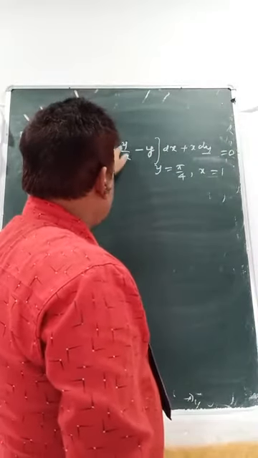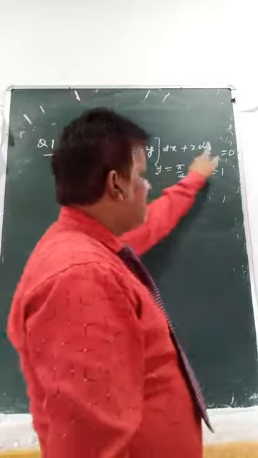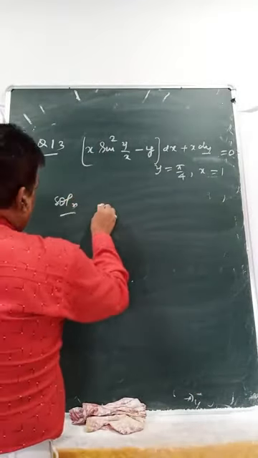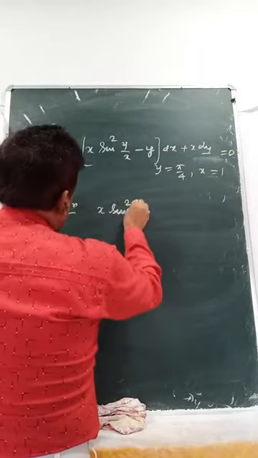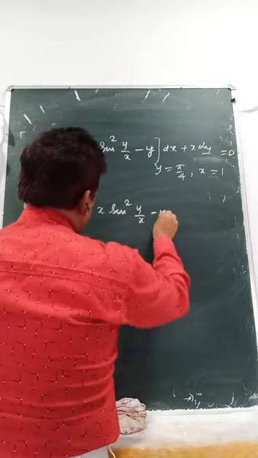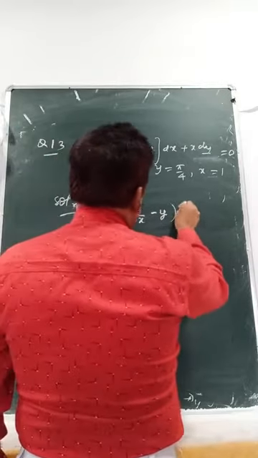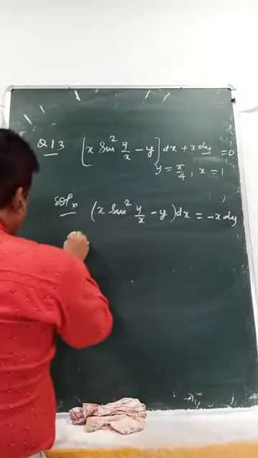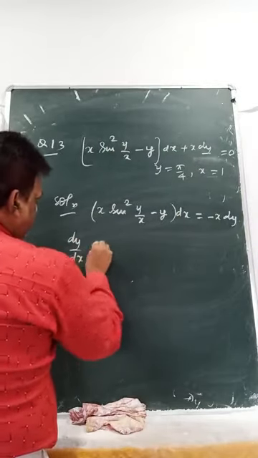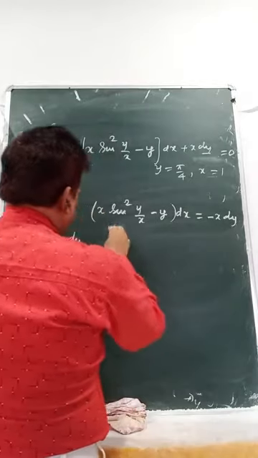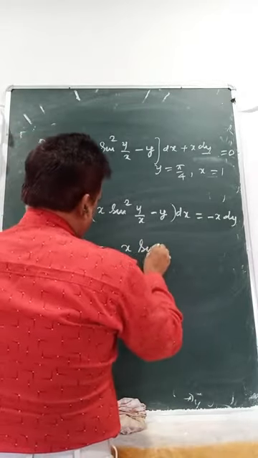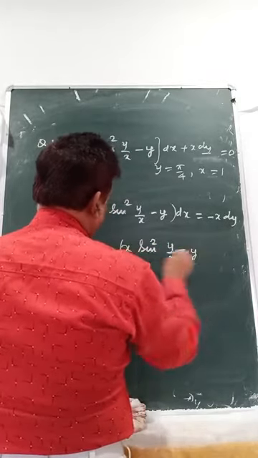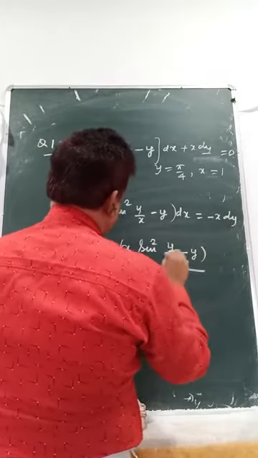When it is y by x form, what you have to write? dy by dx. So x sin square y by x minus y, dx equals minus x dy. So dy by dx, this will go down, so this will come here: x sin square y by x minus y, by x.